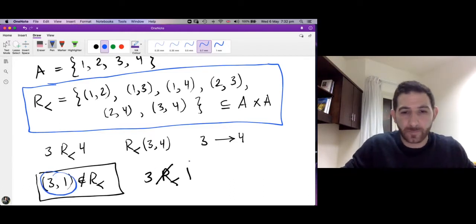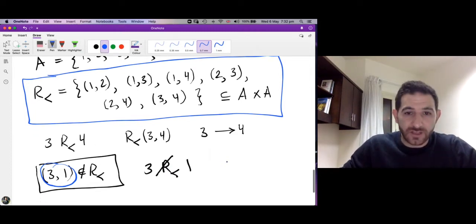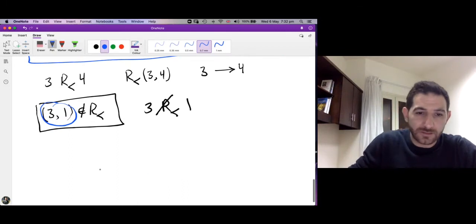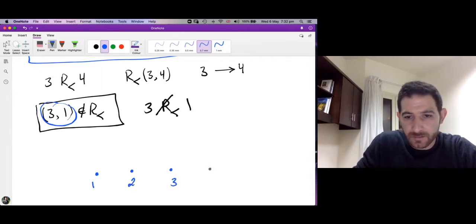Okay, so we can write it this way, that 3 is not related to 1 by R. Now, if you want to use the arrow diagram for the whole relation, remember we have 1, 2, 3, and 4.